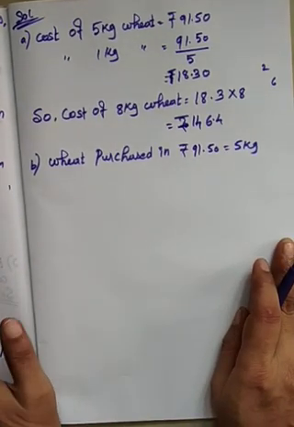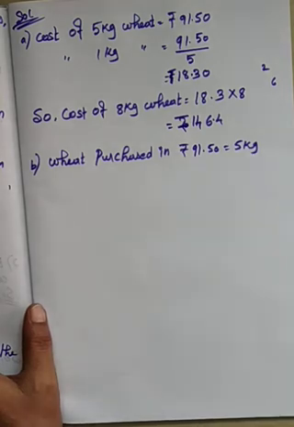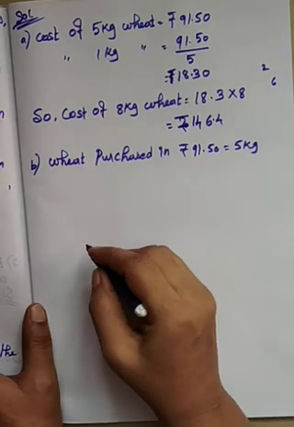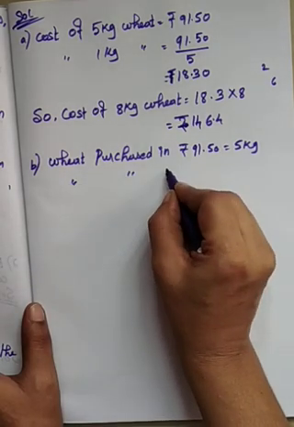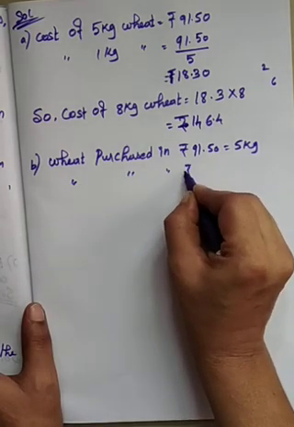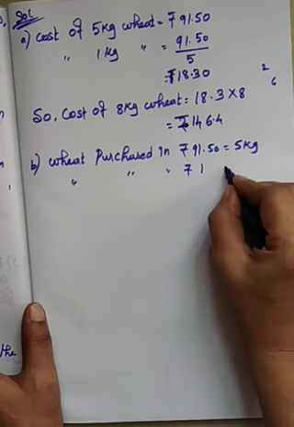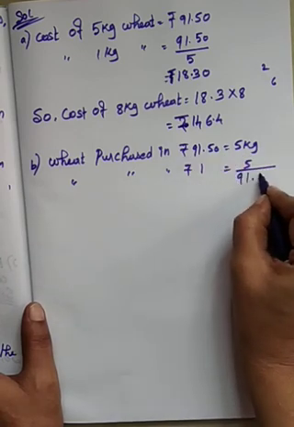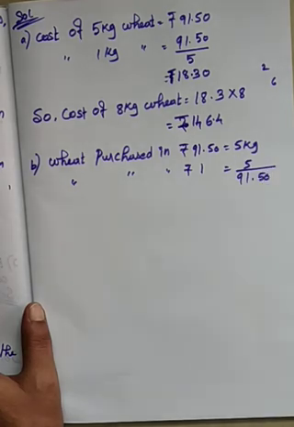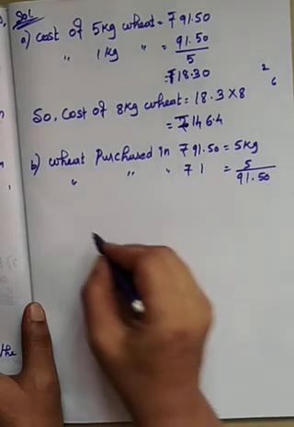Right, this is the given condition. So next you have to find wheat purchased in rupees 1. How can you find? Same thing, 5 divided by 91.50.